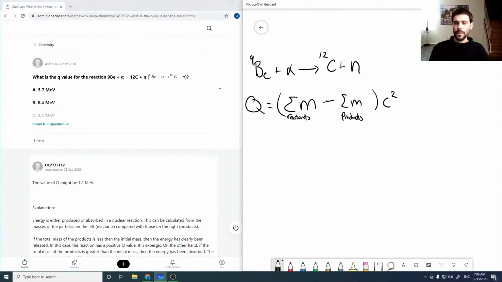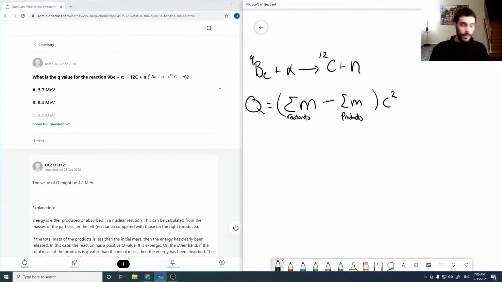So this is our rest mass energy. Okay, so then for this to not give you a zero result, you're going to need slightly more decimal places.